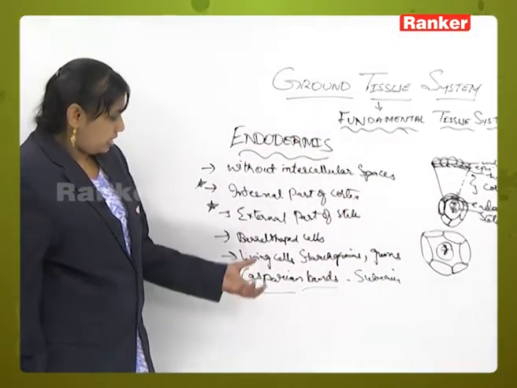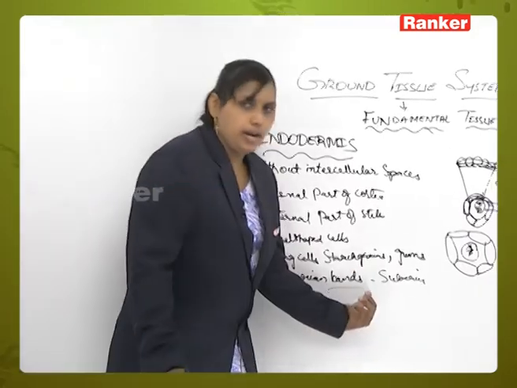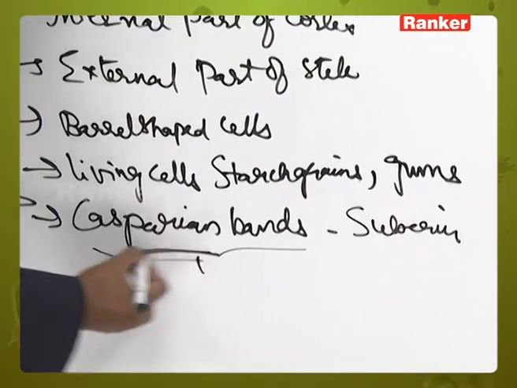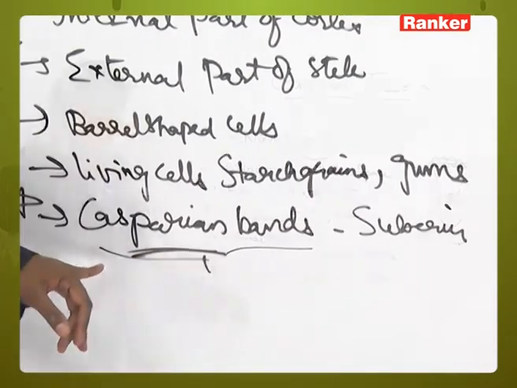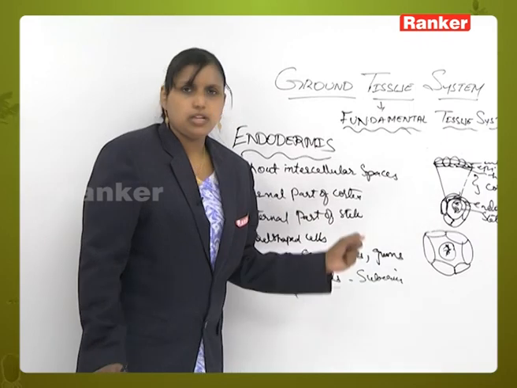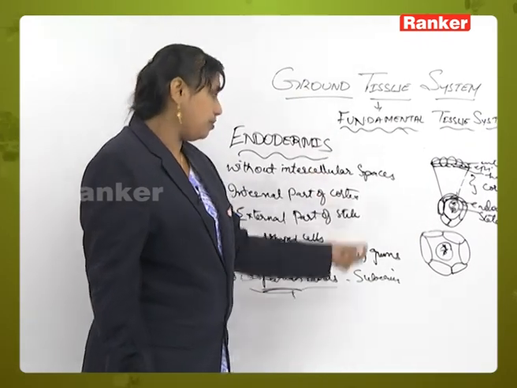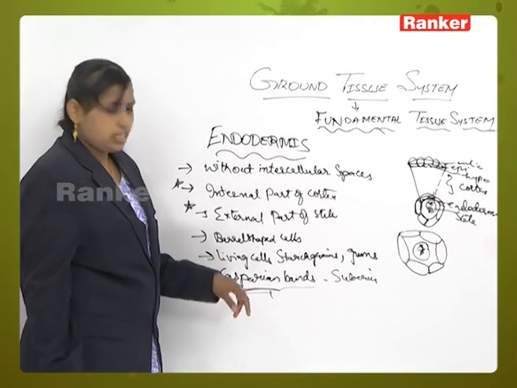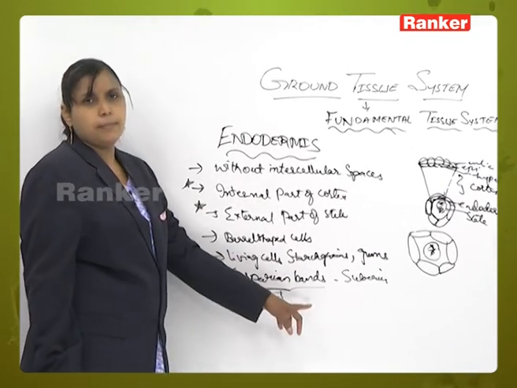That is why it is called Casparian bands. It was an anatomist named Caspary who said that the endodermis is surrounded by a cell wall made up of suberin occurring in the form of a band. That is why we gave it his name, Casparian bands.